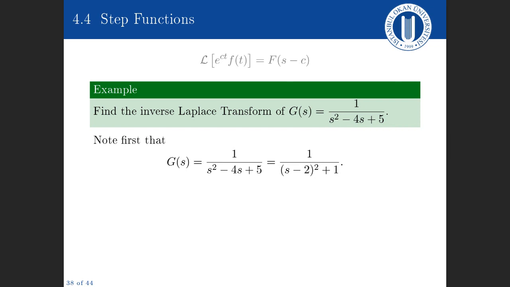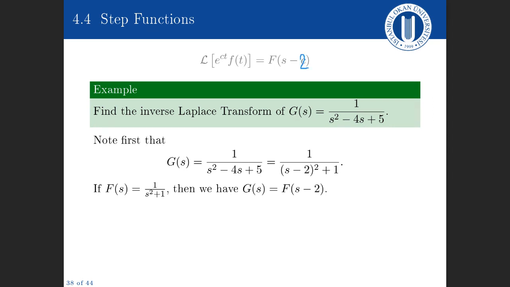And I want to use the formula in grey at the top of the slide. Note, if capital F is 1 over s squared plus 1, then we have that capital G is F at s minus 2. We're trying to find the inverse Laplace transform of capital F at s minus 2.